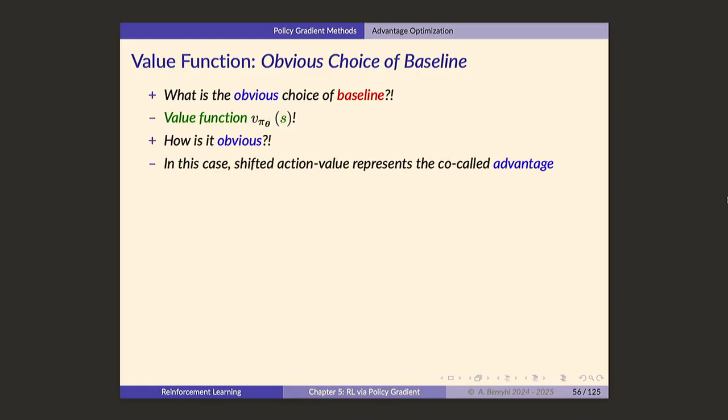Well, simply because the value at every single state gives us the average action value. It tells you if you're at this point, you can do this action, that action, that action, and on average, you're going to get this value. Now you want to compare your action value with a baseline, so the best baseline is that average value.